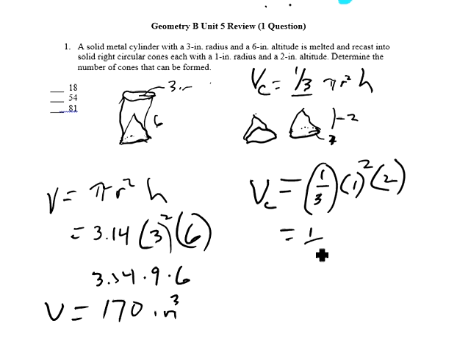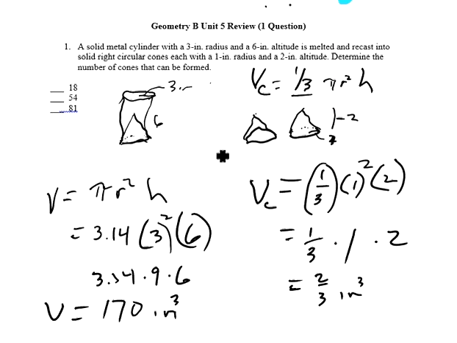So 1/3 times 1 times 2, or 2 times 1/3. I don't need my calculator, but it's all right if you do. I get 2/3 inches cubed. So to make one cone, it's going to take 2/3 inches cubed, and I have 170 inches cubed over here.